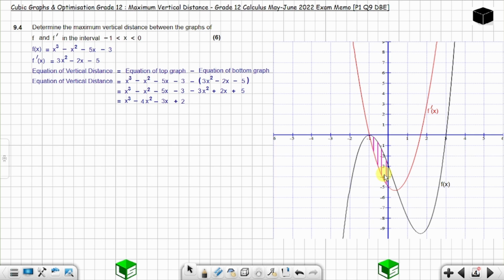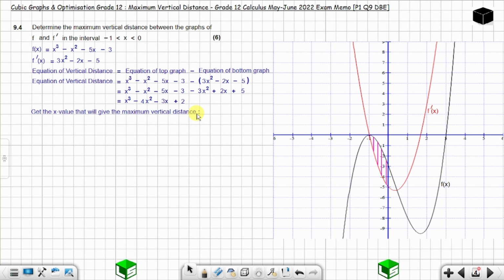You are going to first get the x value which gives you the maximum vertical distance. You need to get the x value in this interval from -1 to 0. That x value will give you the maximum vertical distance. This is when you are going to use calculus. Get the x value that will give the maximum vertical distance.